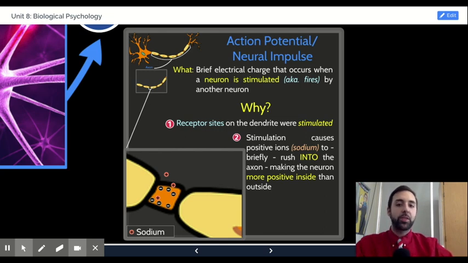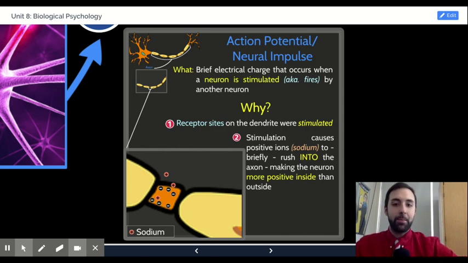Each of these terms references a literal brief electrical charge that occurs after a neuron is sufficiently stimulated or fires. You might hear the phrase neuron firing in this unit. That denotes the change from resting to action potential. Well, why does a neuron change from resting to action potential?